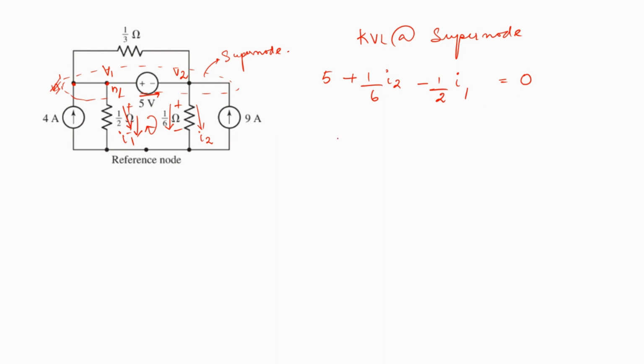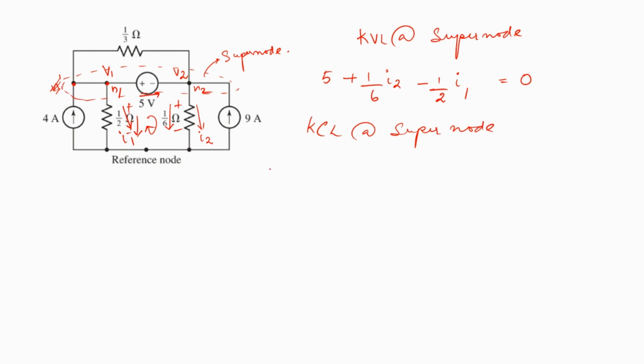Now, let us apply KCL at the supernode. When we apply KCL, these three dots, that is N1 dash, N1 and N2, are actually one particular single supernode. It's just one node, so there's just going to be one equation, and we are going to consider all the currents that are entering and leaving the supernode.